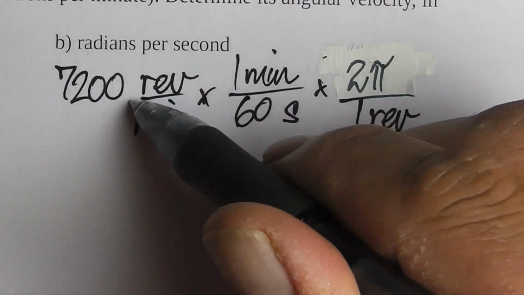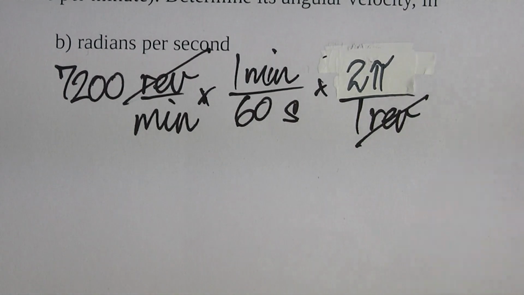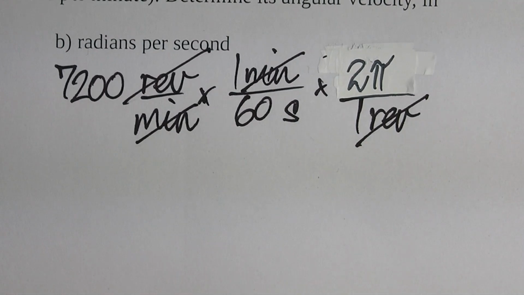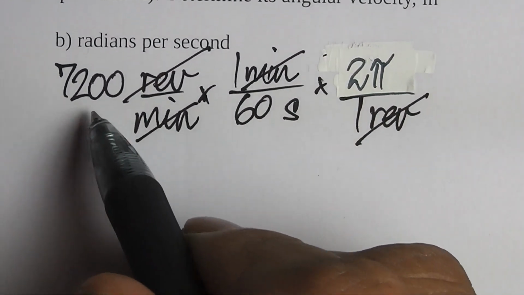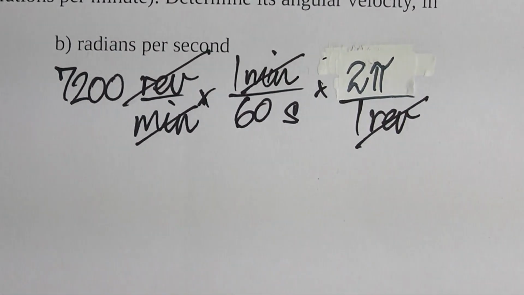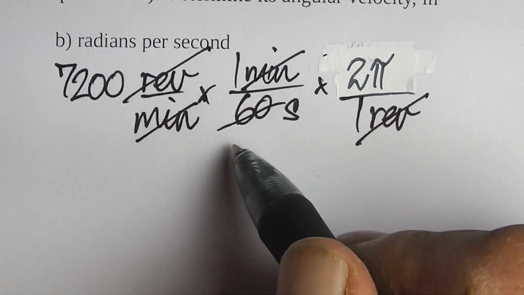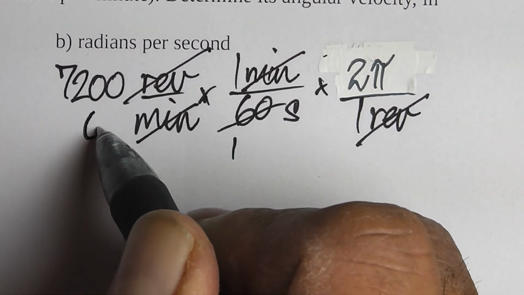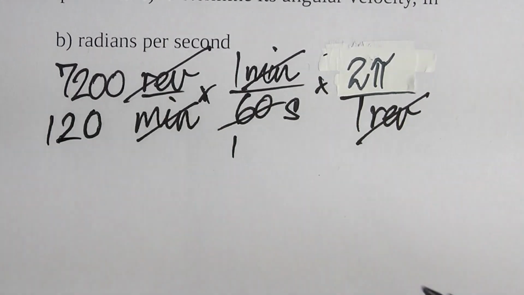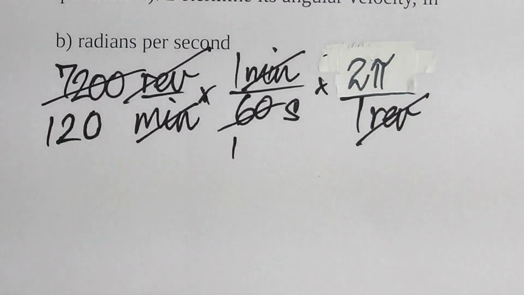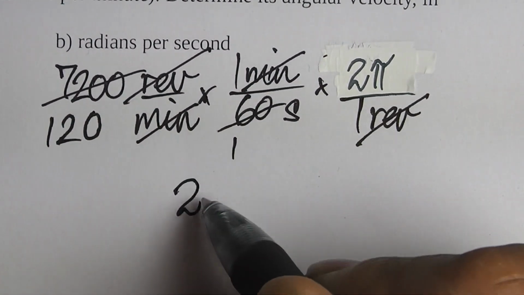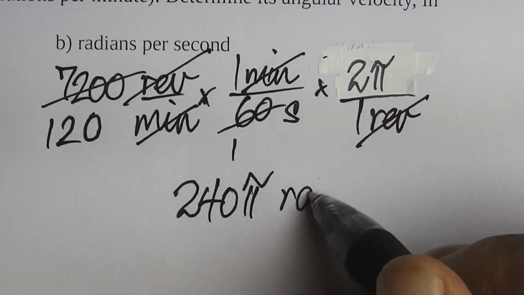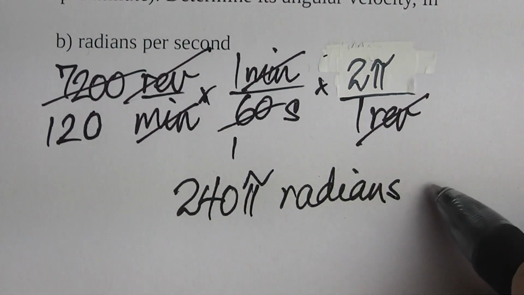So my revolutions and my revolutions cancel out. Minutes and minutes cancels out. Now I've got 7,200 times 2 pi divided by 60. 60 divides into 60 once, and it divides into 7,200 120 times. So that gives us 240 pi radians per second.